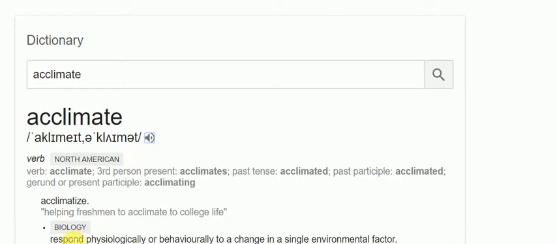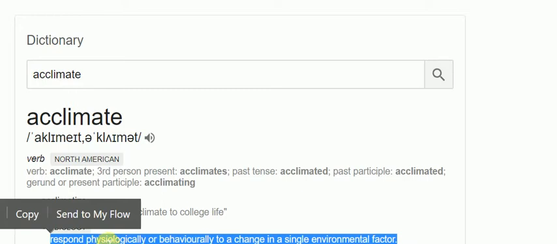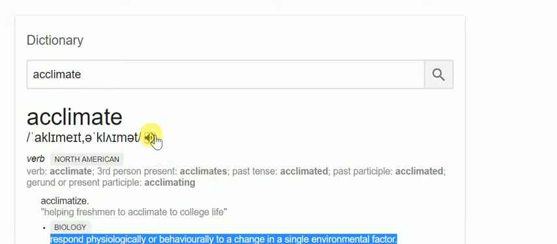Acclimate is a physiological or behavioral response to a change in a single environmental factor. Someone who is practicing in the same environment, doing the same activities in the same environment, that is called acclimate.